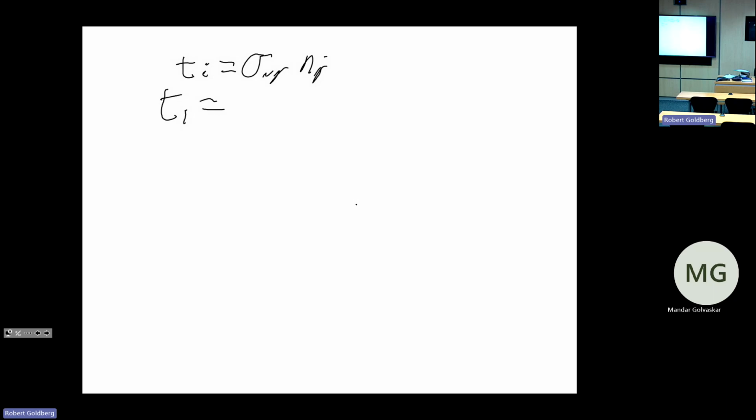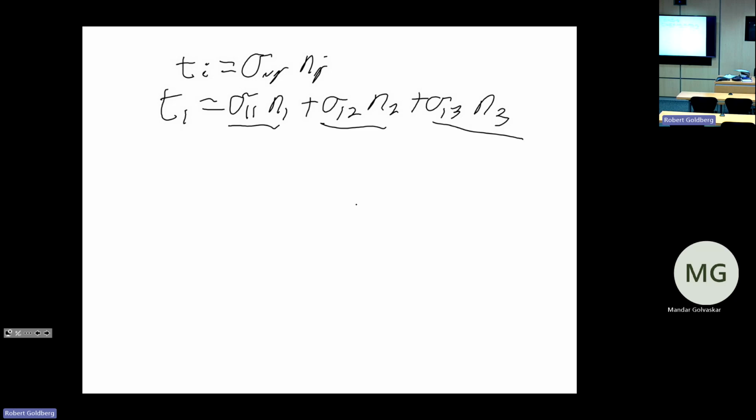Because j is repeated, it means we do a summation. So i is 1, so it's equal to sigma 1,1 n1 plus sigma 1,2 n2 plus sigma 1,3 n3. So j varies from 1 to 3, and we add each of these components together. Okay?